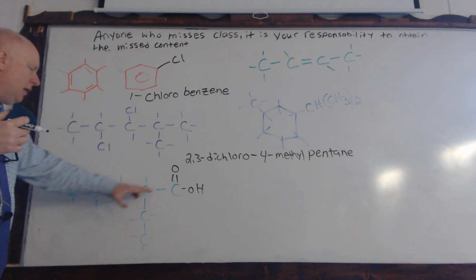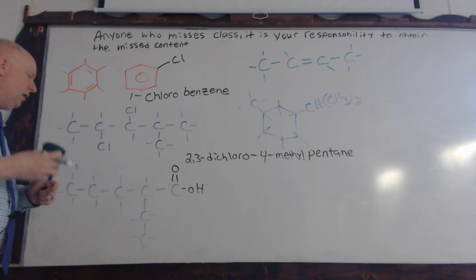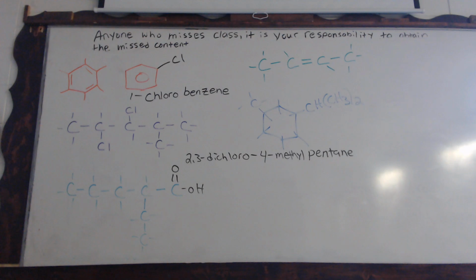But if you did that, well then there's no such thing as 3-carboxy hexane, because then there are times when you're looking at two different, sometimes different families at the same time. It happens with alcohols and alkenes. That's more so of an upper level course.